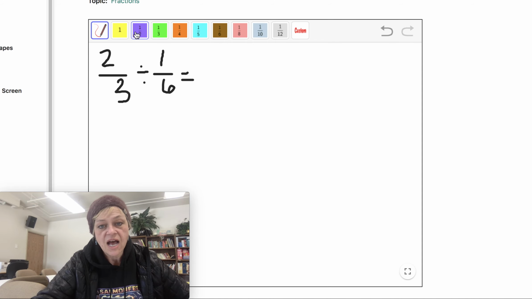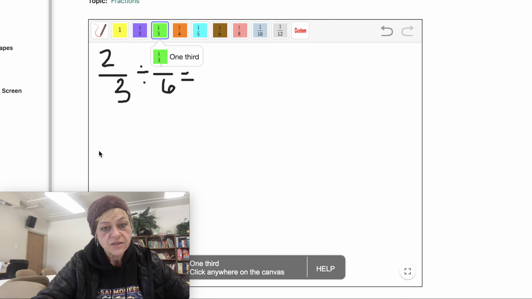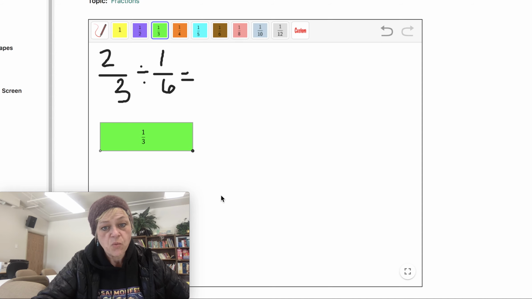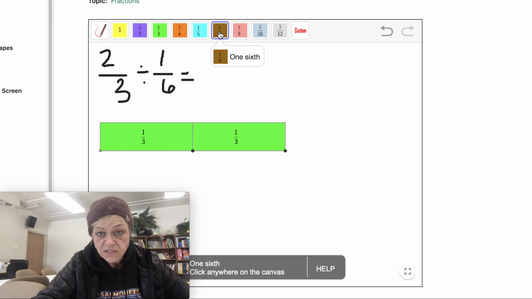So let's see. I don't have a 2/3 fraction strip up here, but I do have a 1/3. So I'm going to use that 1/3 2 times. Now I have 2/3. So we need to figure out how many 1/6 are going to fit into 2/3. Well, that means we have to grab the 1/6 fraction strip.